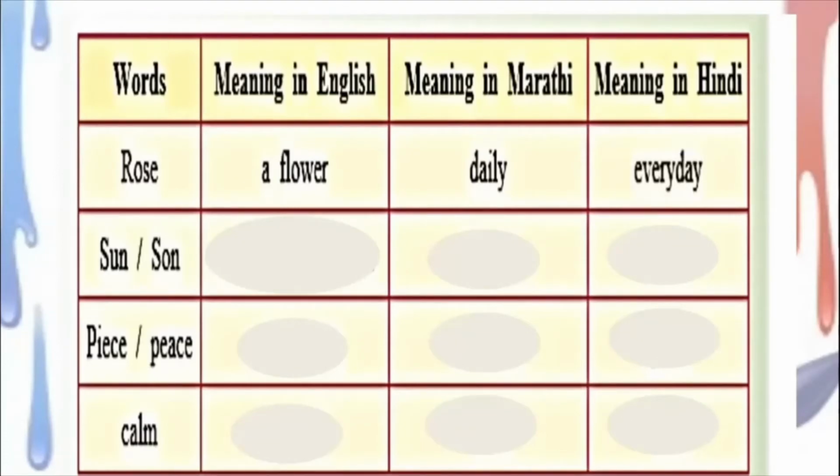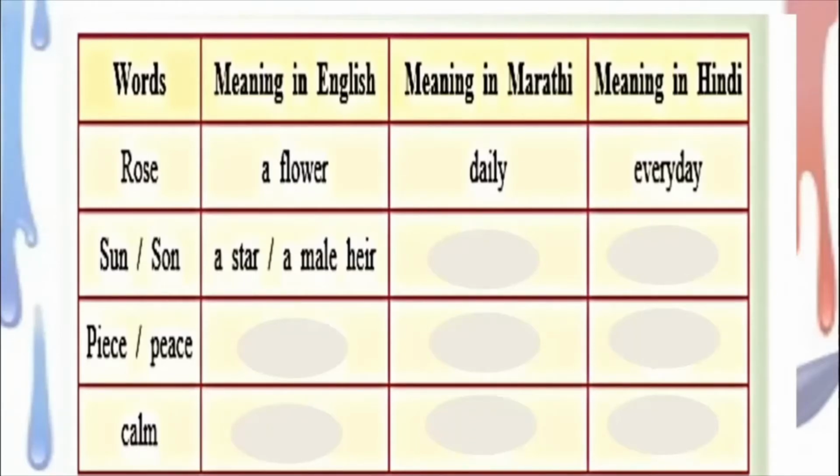Sun, S-U-N, sun, and S-O-N, son. These are homophones. Now, the first is a star. Sun is a star in the sky, which shines bright and gives us heat and light. The other one is a male child. It means when the father passes away, all his property or the business goes on to the male child in the family.